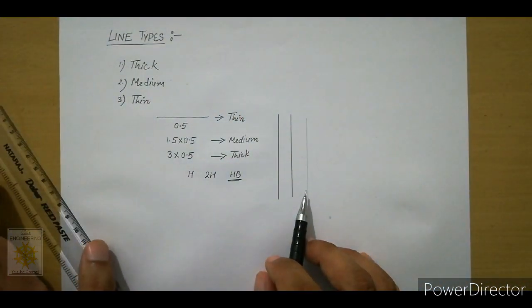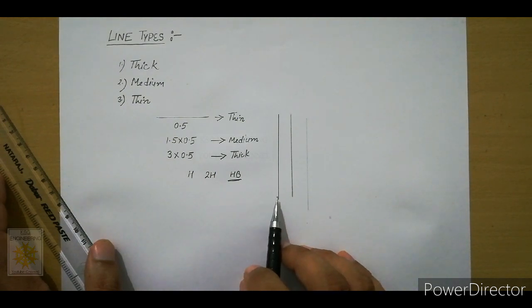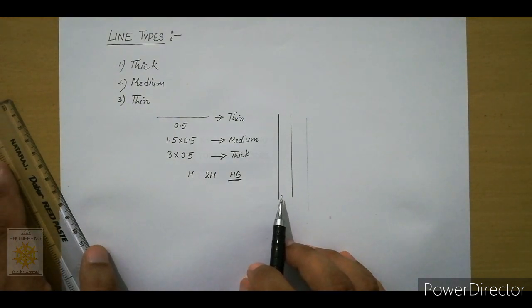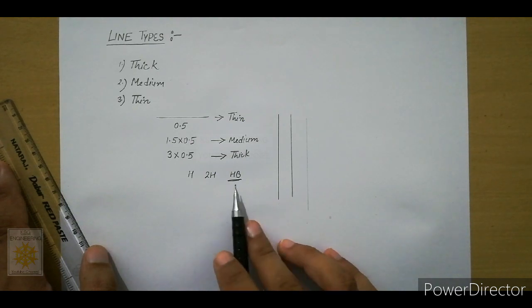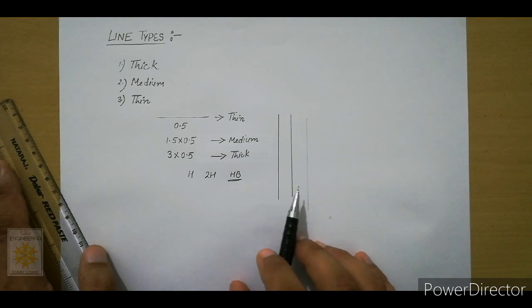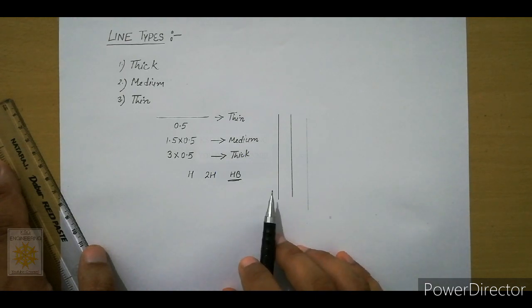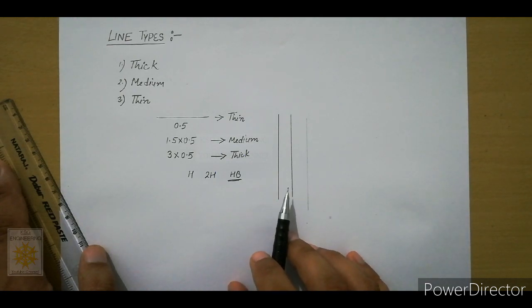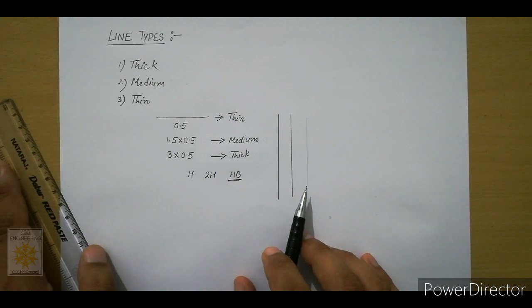So you will get a very thin line. So with this technique, we can draw all the three lines with the same grade of pencil. So whenever we draw drawings in this particular course, we will use this technique only to draw thick lines, medium lines, and thin lines.